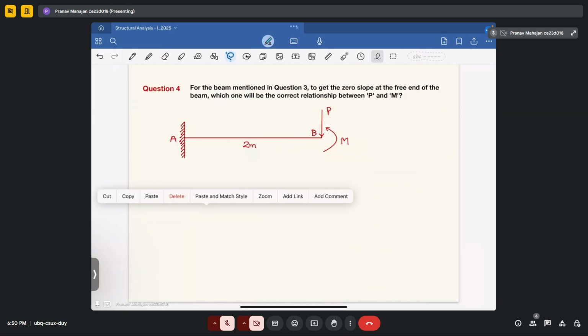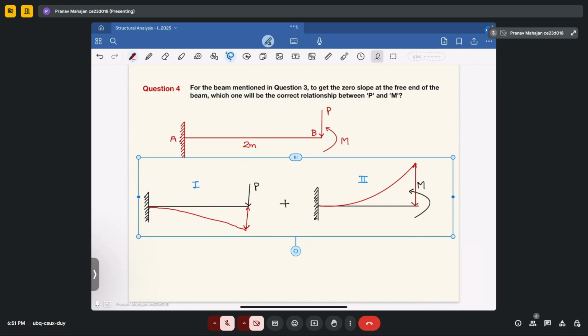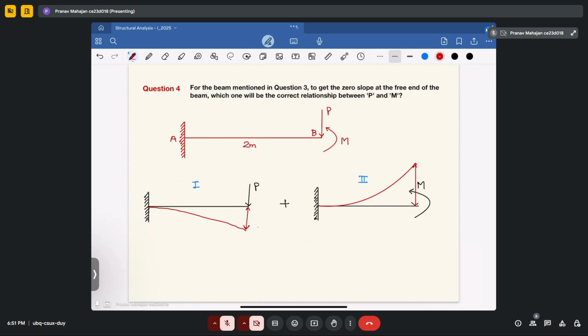Suppose these are your profiles, and in this case your slope due to case 1 is coming out to be theta BP. Let me write it properly. So here the slope is theta BP, and here the slope is theta BM.